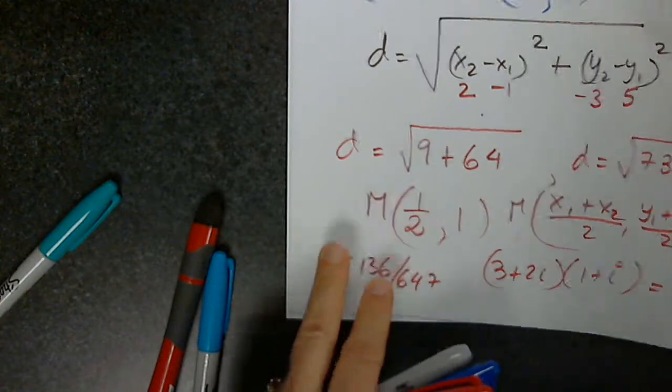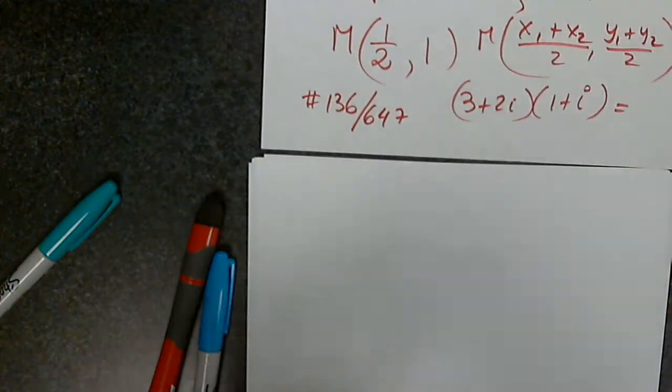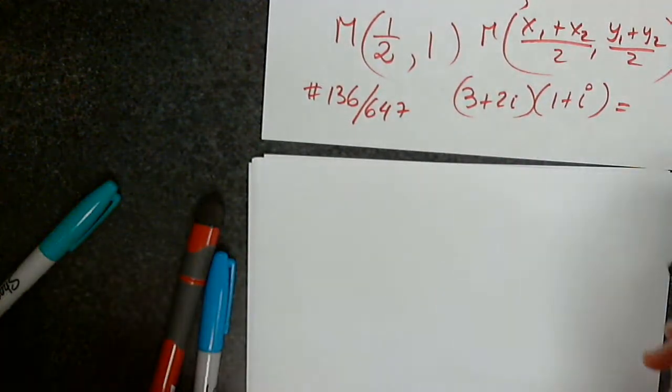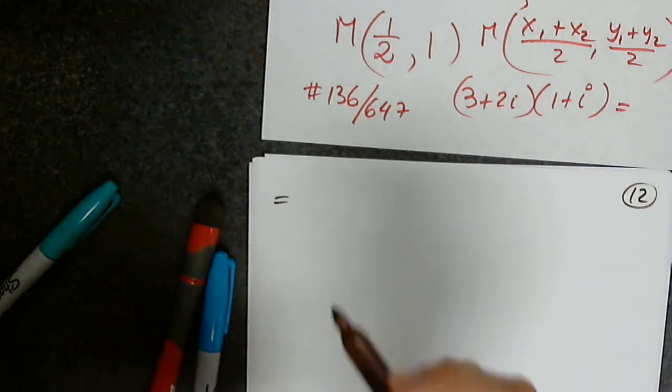It's the same as foiling. When we multiply two complex numbers, that's all we do.